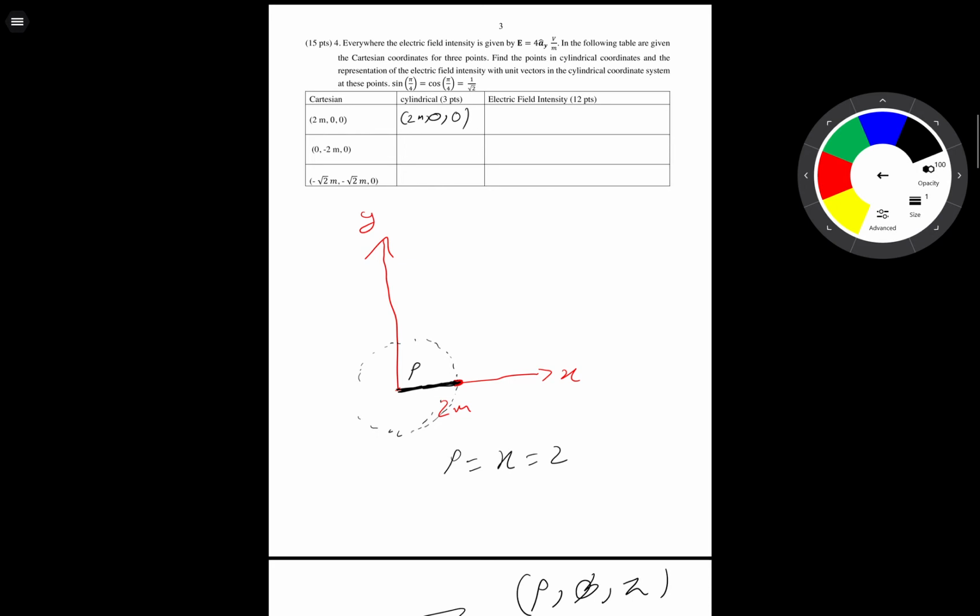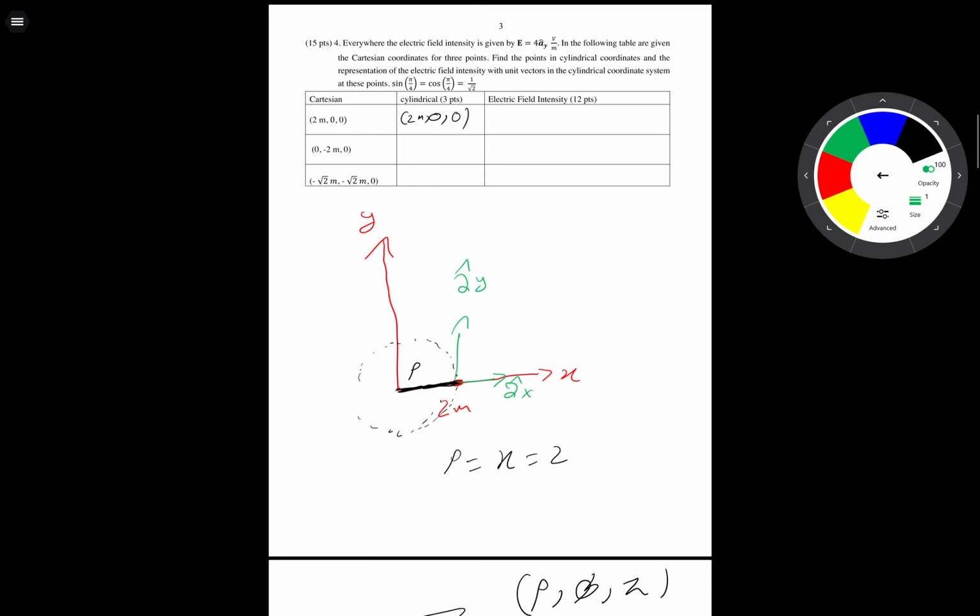Now coming to our electric field intensity, we need to determine the direction of the unit vectors. The unit vectors will point towards the increasing component value. In Cartesian, this is our unit vector in the x direction, this is the unit vector in the y direction, and because z is coming out of the page, the unit vector in the z axis comes out of this page, because unit vectors in any coordinate system go according to the direction in which their components increase.